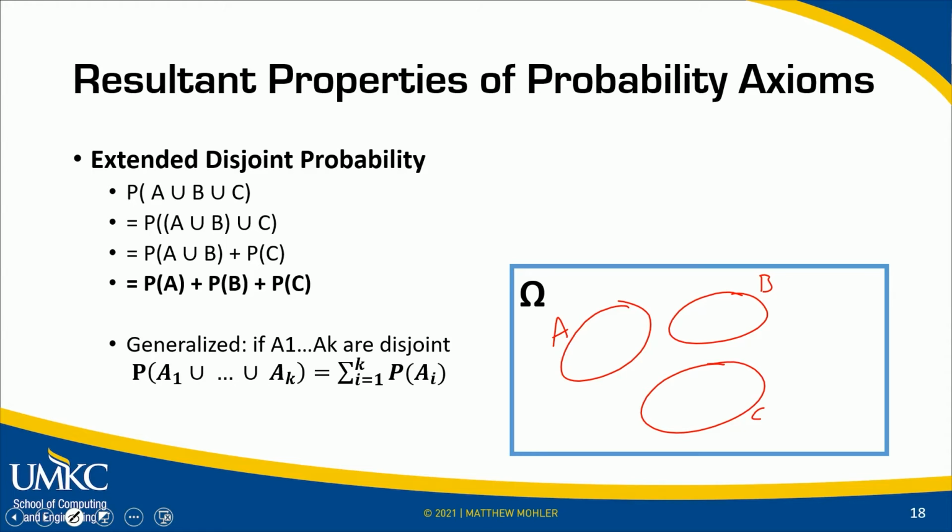Again, basically saying the same thing, that I can take the probability of multiple discrete disjoint events and sum the probabilities of each of those individual events together to arrive at the probability of the union of all of those events.